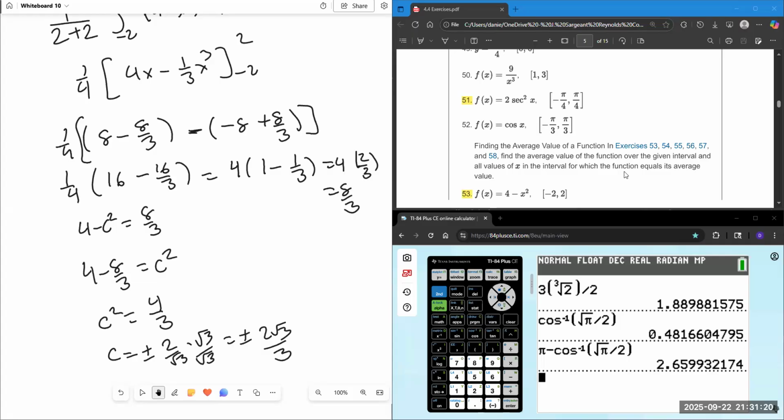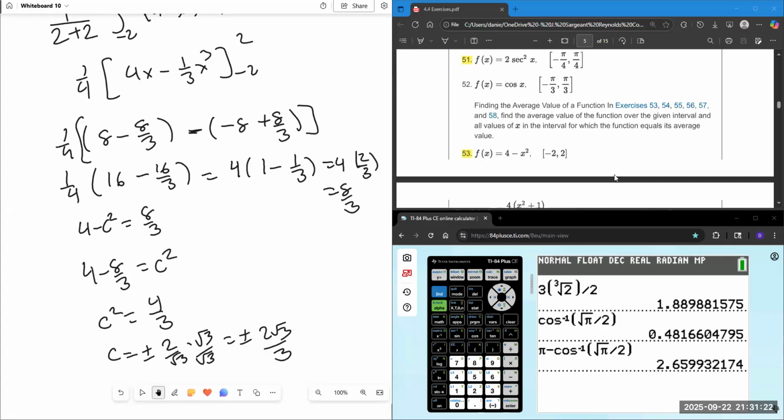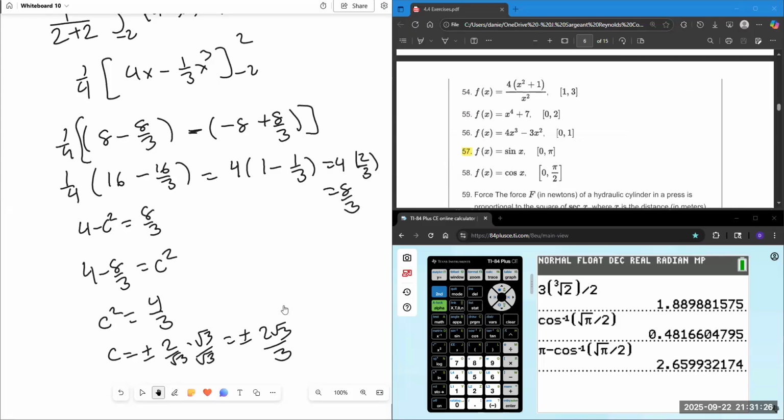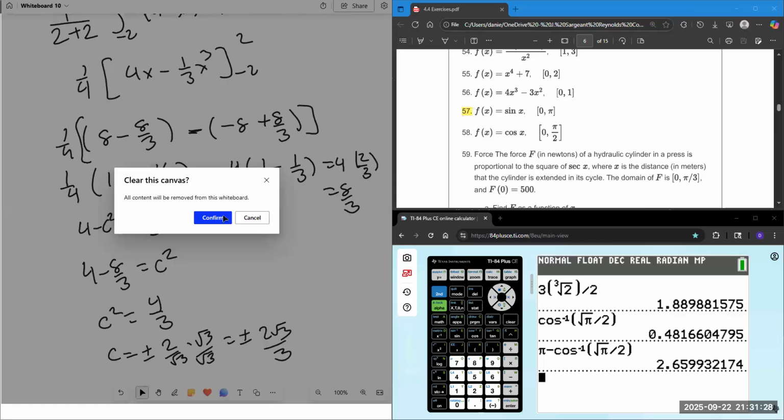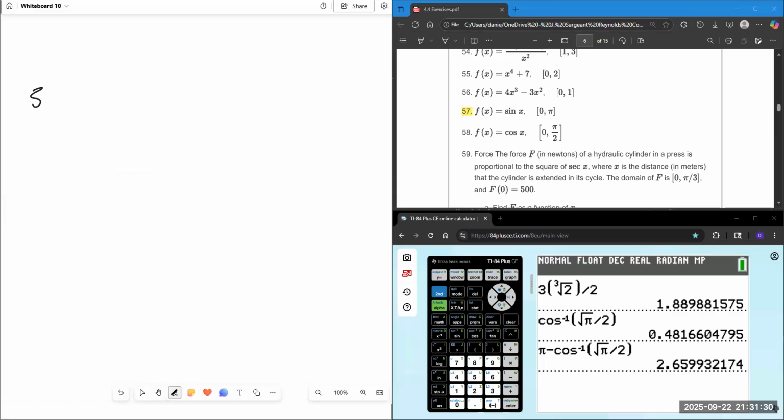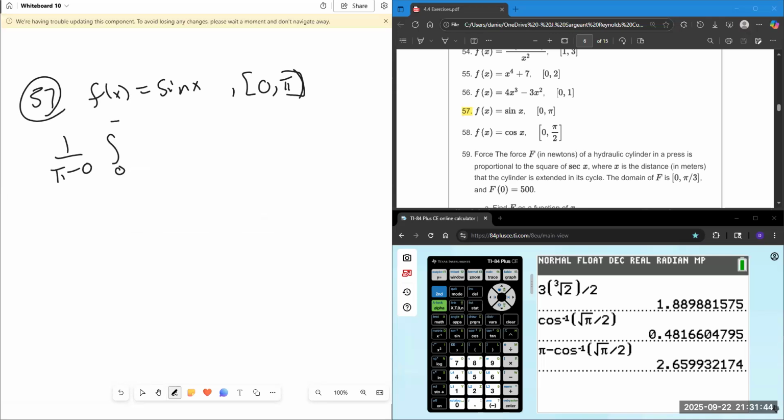Let's look at 57. It says f of x is equal to sine x, and we're on the interval 0 to pi. Average value of the function is 1 over pi minus 0, integral from 0 to pi of sine x dx.